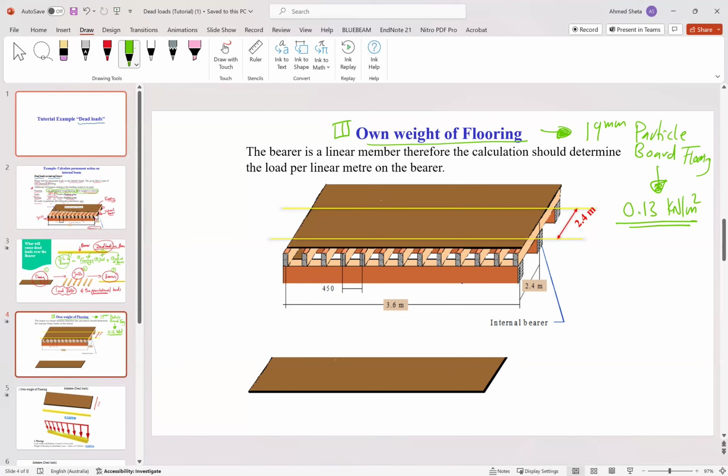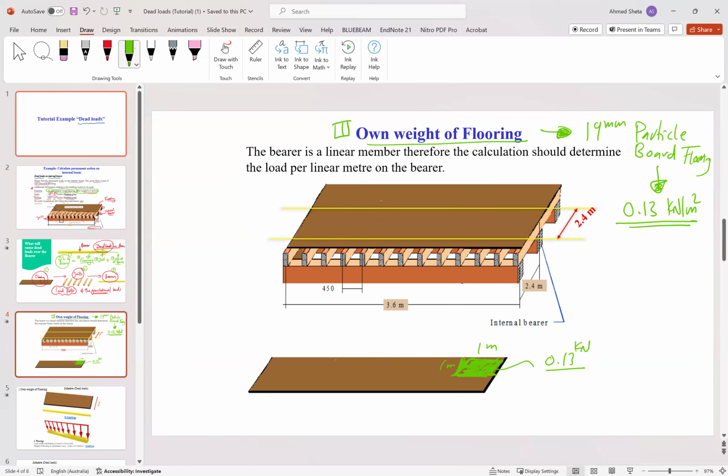So now we know that if we take 1 meter by 1 meter of the flooring, it weighs 0.13 kilonewton. This is the meaning of the own weight of the flooring, or the own weight of the material.